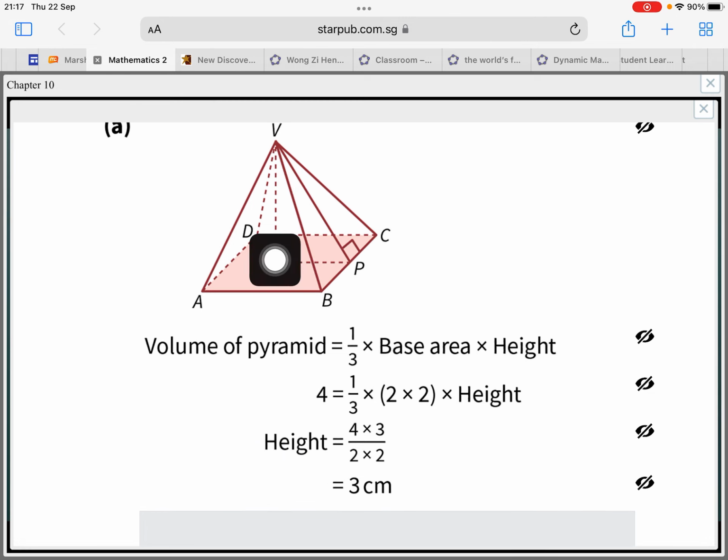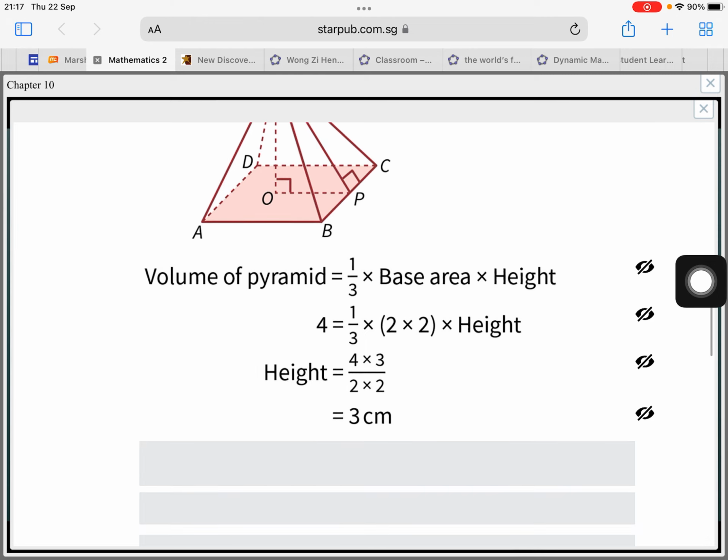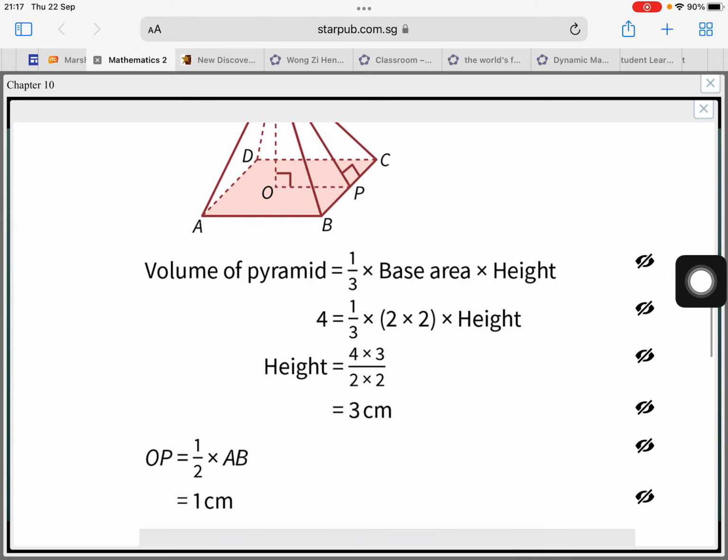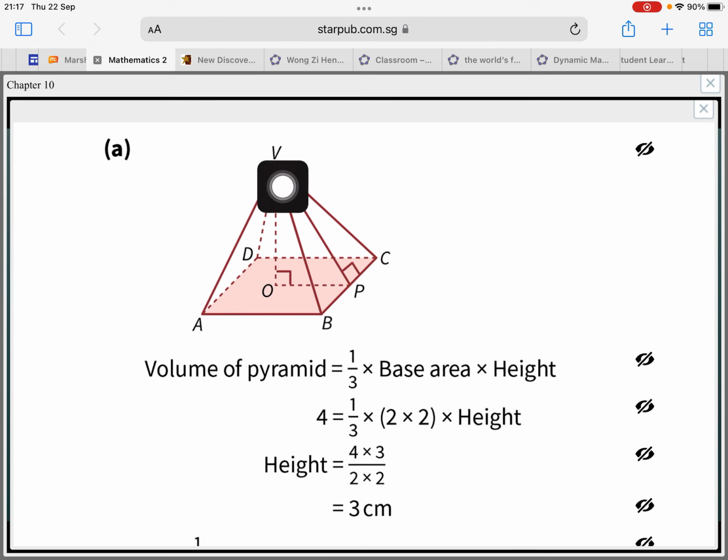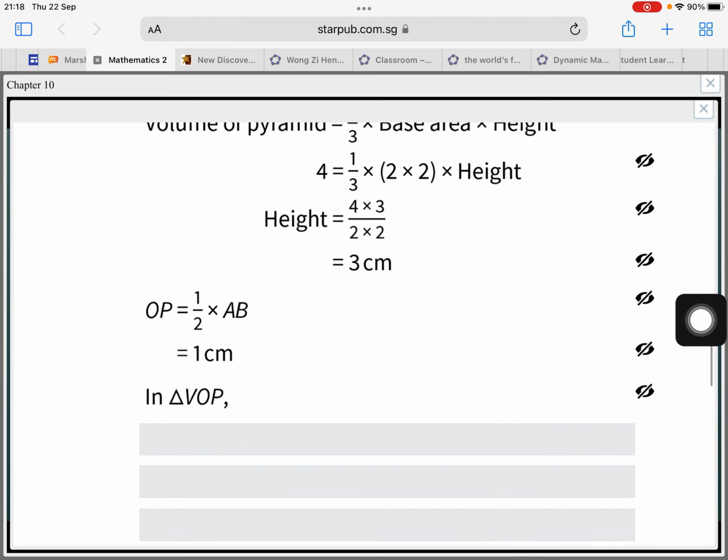This means that VO is 3. Now VO is 3, OP is half of AB, so that will just be 1. If you know that the height is 3, the radius is 1, you can find the slant height using Pythagoras theorem, where your slant height is your hypotenuse.